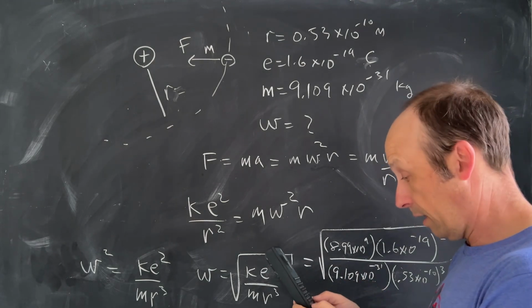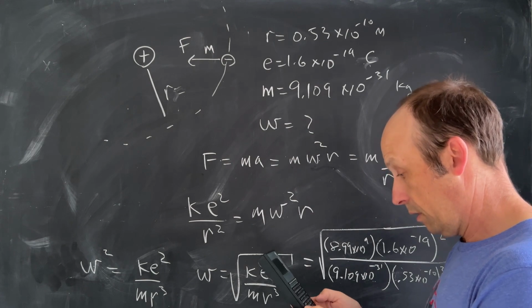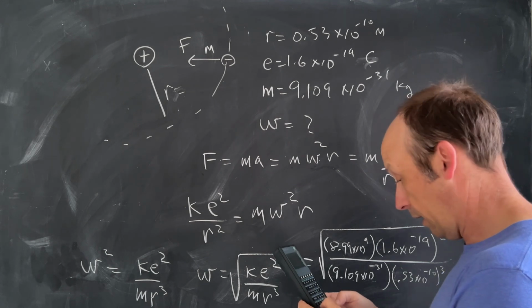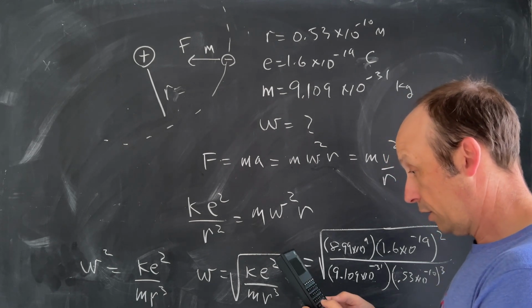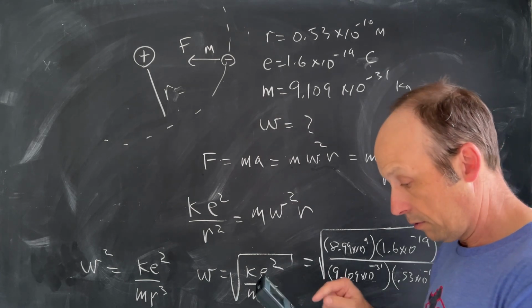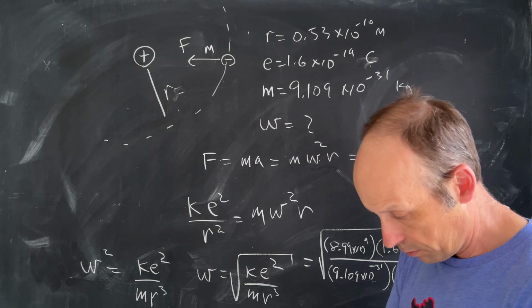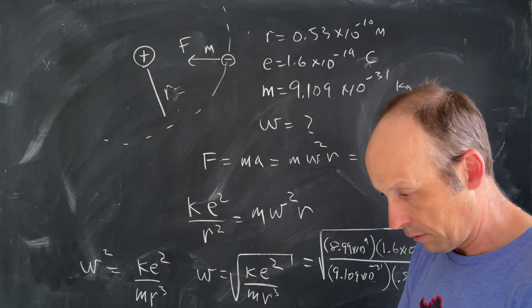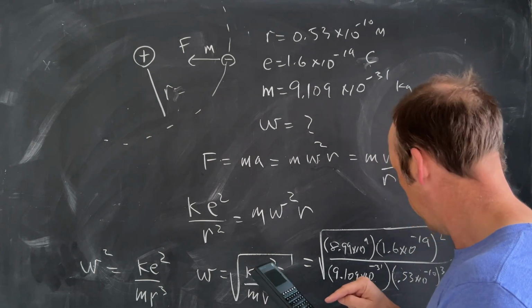9.109 times 10 to the negative 31st divided by 0.53 times 10 to the negative 10th, cubed. And then divided by, and then square root.